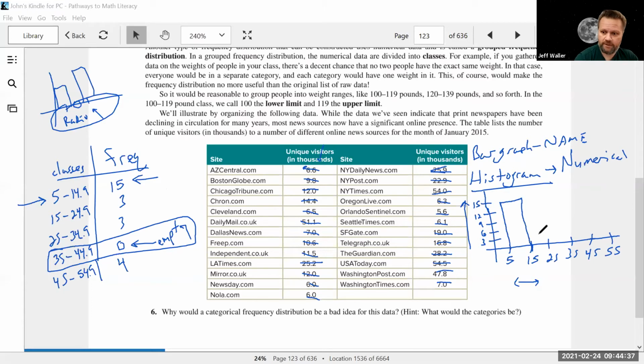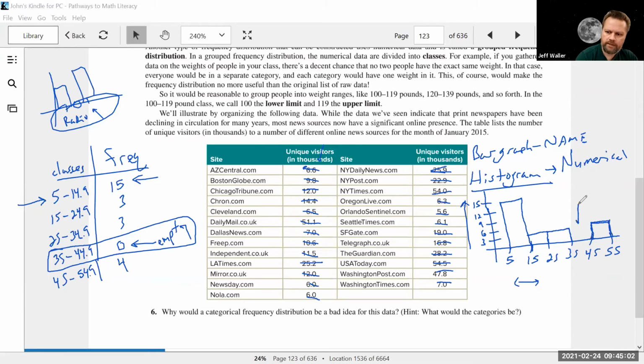All right, so it's going to go up to 3. Bam, right there, no spaces. What about 25 to 35? That's also 3. What about the next one, 35 to 45? 0. So it's going to be empty. And then 45, this last one is going to go up to 4, which will be just a little bit above 3. Okay.